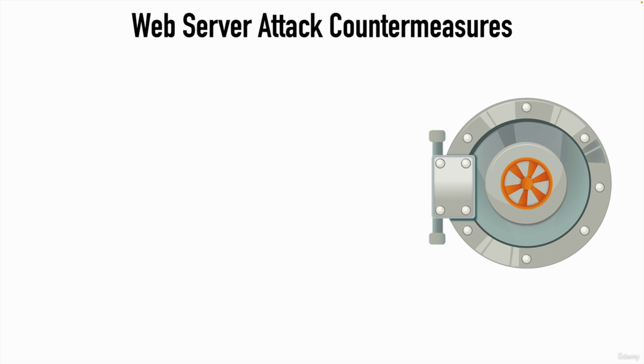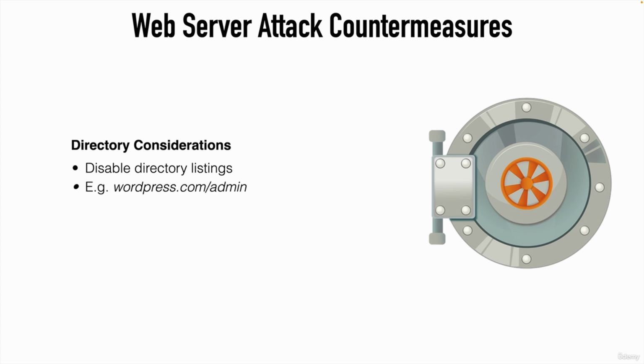And we need to think about the actual web server directories as well, and the files inside of that. This would include disabling directory listing. This is a web server function that displays the directory contents when there is no main index file for a specific web directory. So for example, let's say someone goes out to a URL. I'm just going to use an example URL here. Let's say they try to go out to wordpress.com/admin.